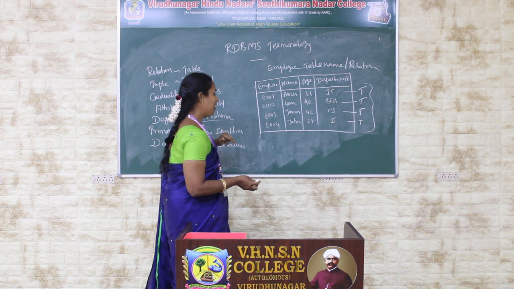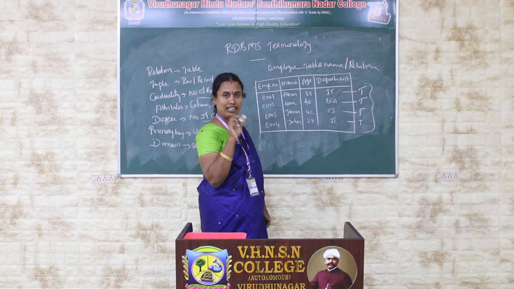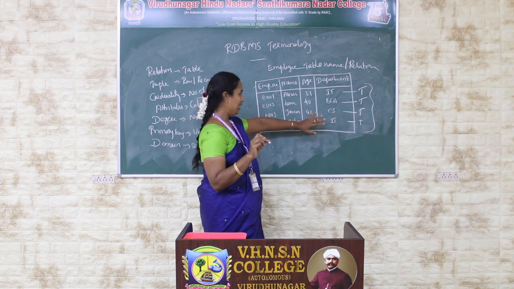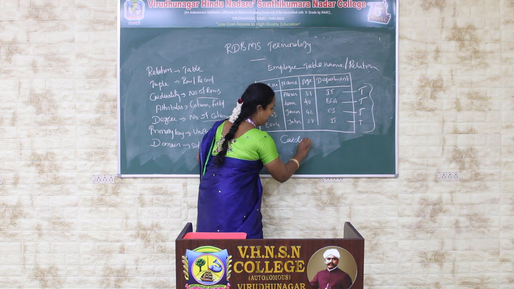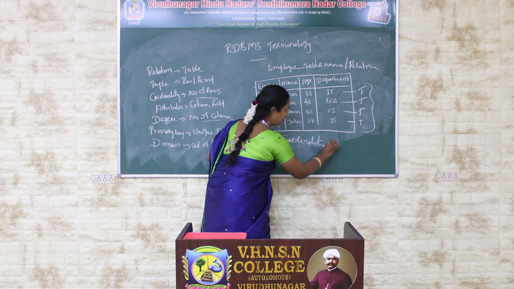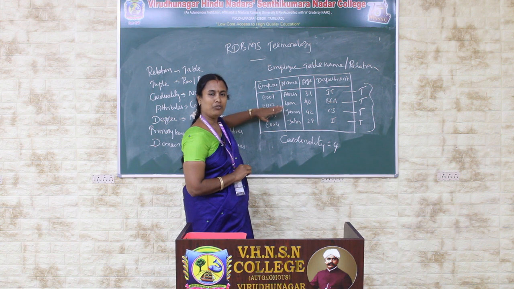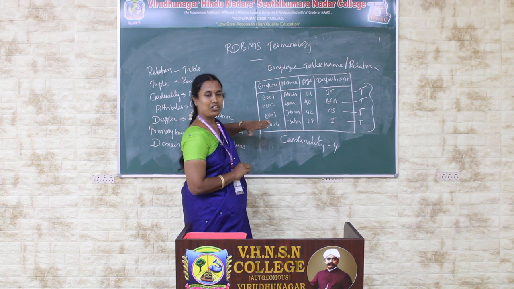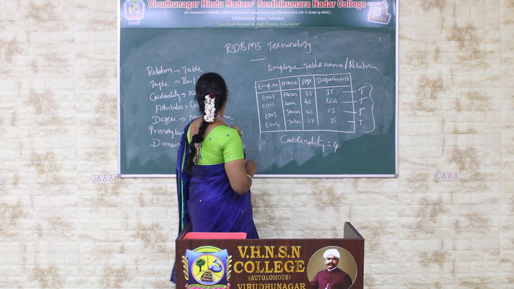Then what is the cardinality? Cardinality means we specify the number of tuples in a table. This table contains 4 tuples. So the cardinality for this table has the value 4. Why? Because this table contains 4 rows or 4 records. Then next, attributes.